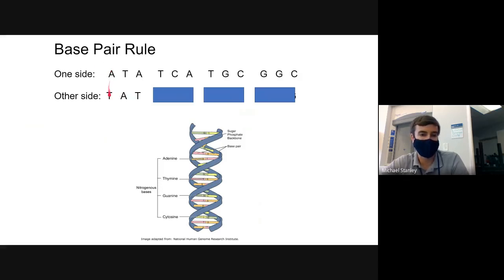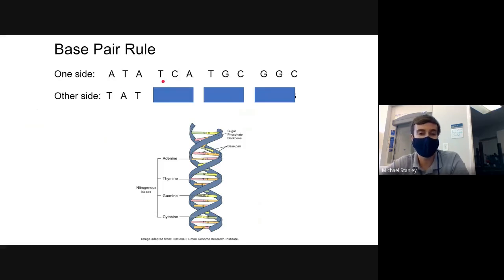A on one side means we have to have T on the other side. T on one side means we have to have A on the other side. So A and T will always go together.